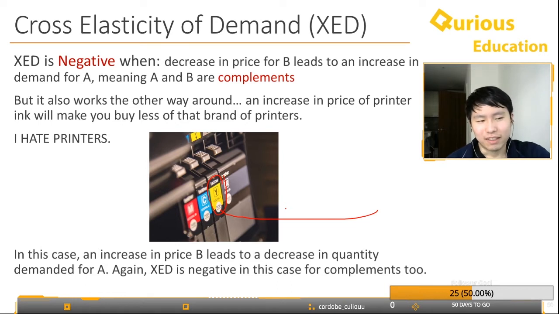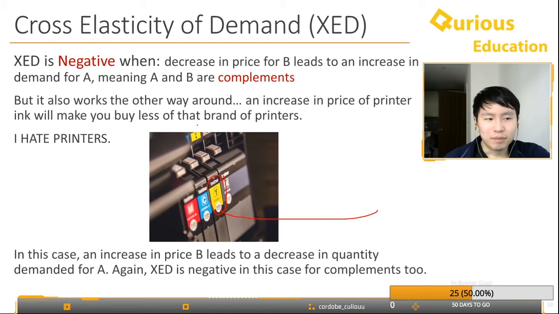So that's really annoying, and because of this, I might not actually buy printers that require all inks to be present.